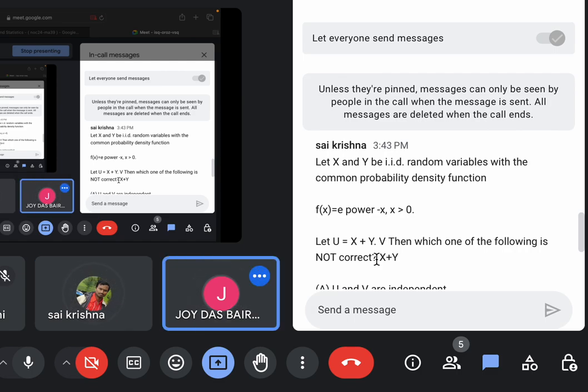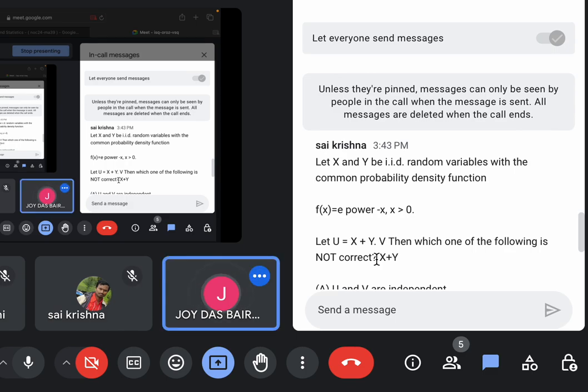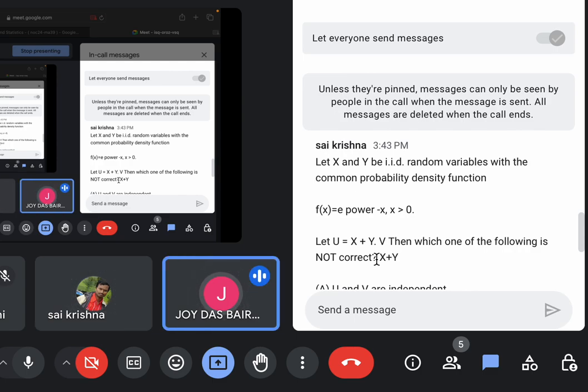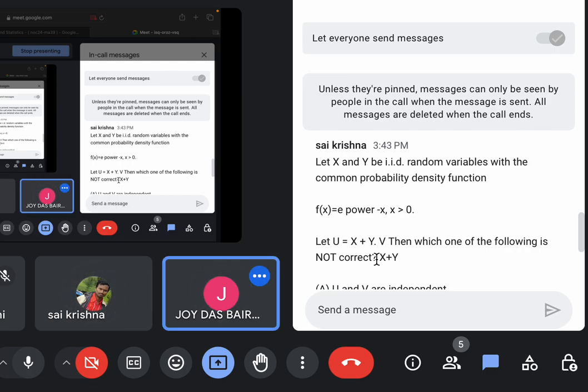Okay, I got it. First I will solve the assignment from the previous year, then I will try to solve this question.